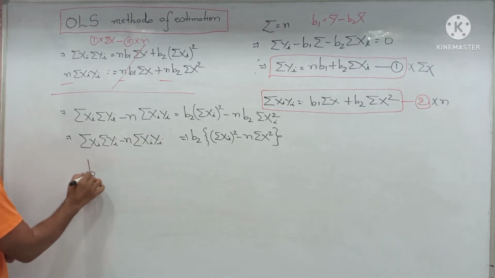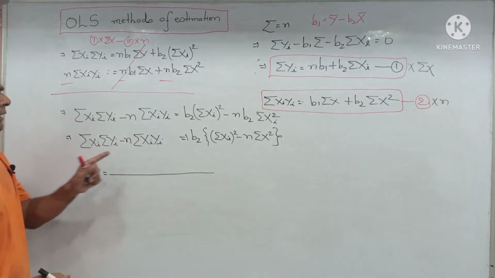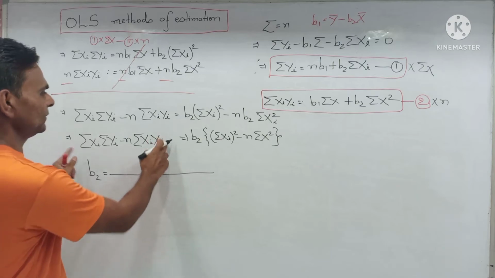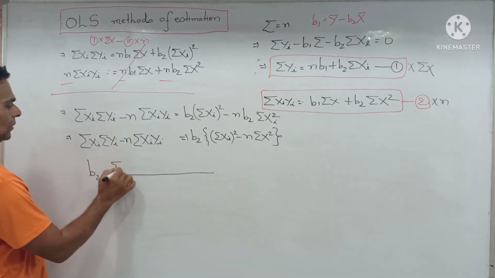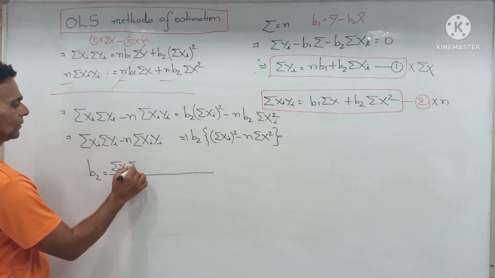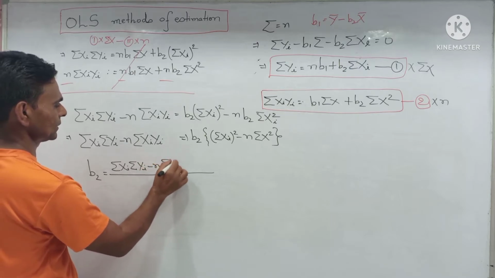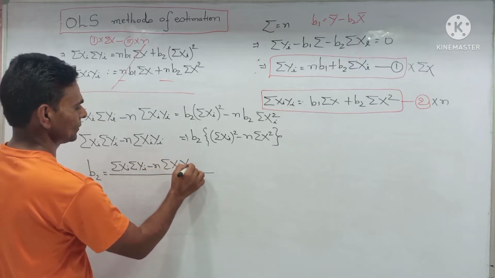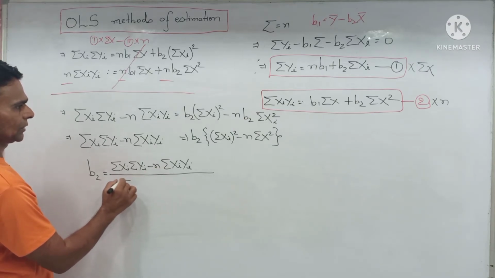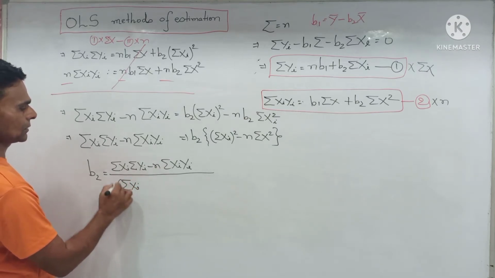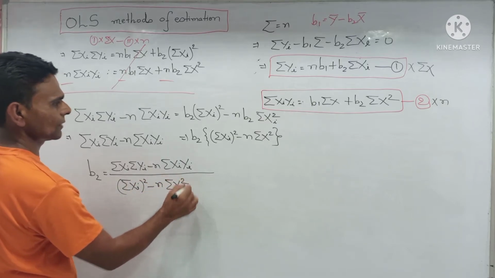So b2 equals this term divided by this term: summation of xi summation of yi minus n summation of xi yi, over summation of xi whole square minus n summation of xi square.